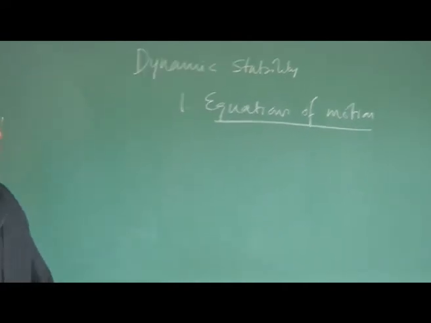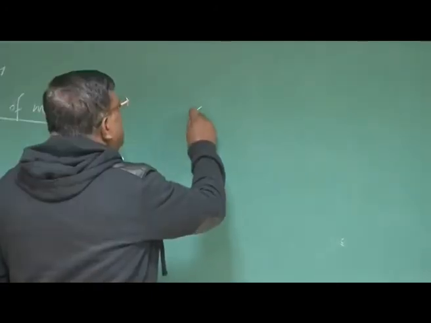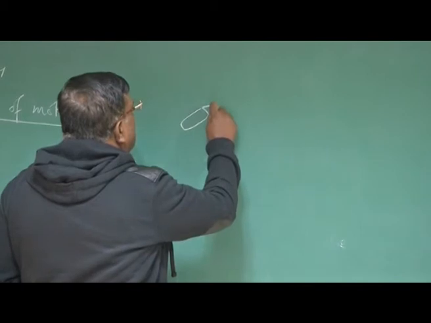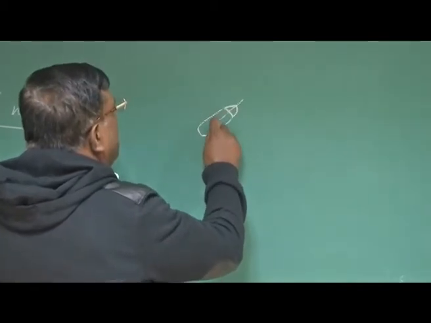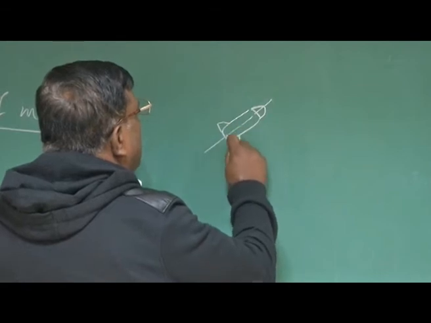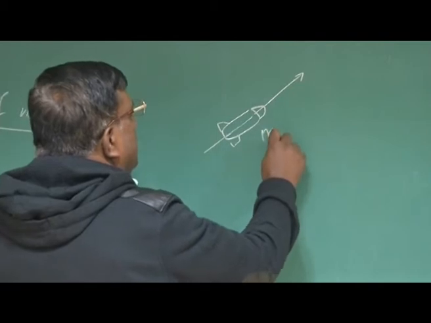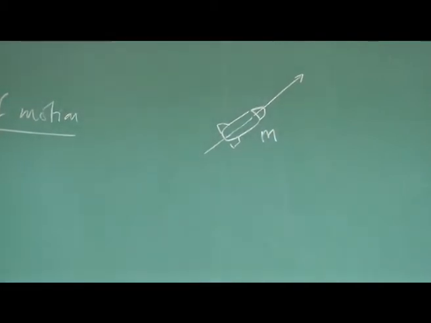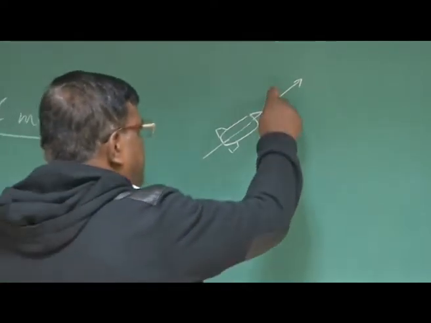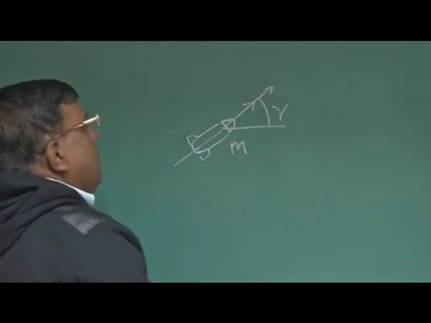So let us take a simple example, right? Let's say a projectile of mass m is fired at an angle gamma, the flight path angle.